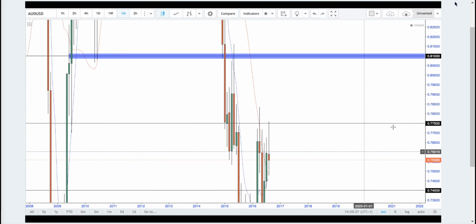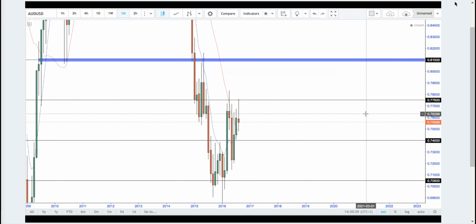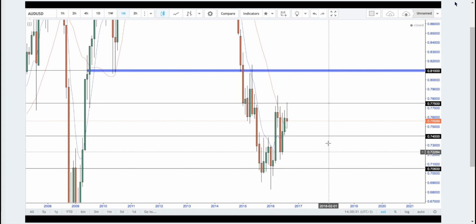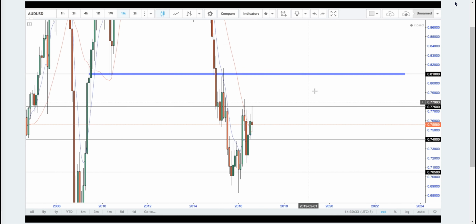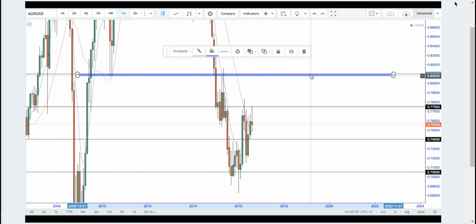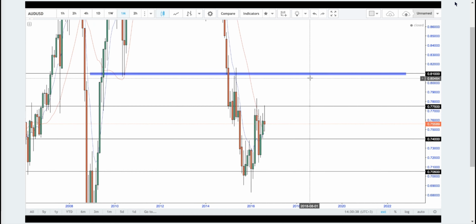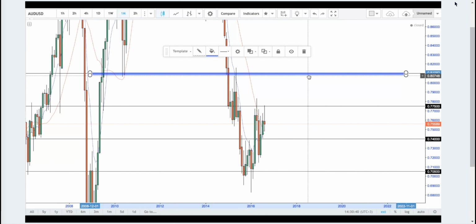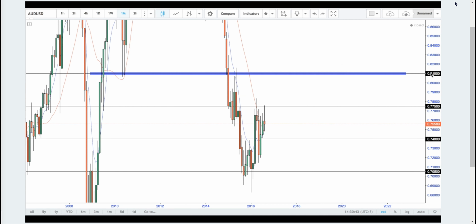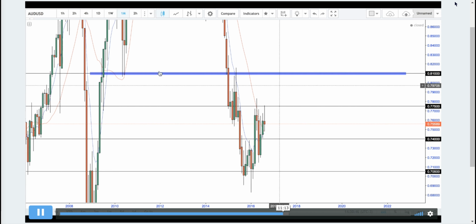The reason why we placed the rectangle on there, and you would have seen this on some of my videos, and also on some of my Instagram pictures, Twitter images, chart images, and so forth, is because with the monthly levels, even though we've picked out the round numbers, 0.8100 here, it's more of a range as well.